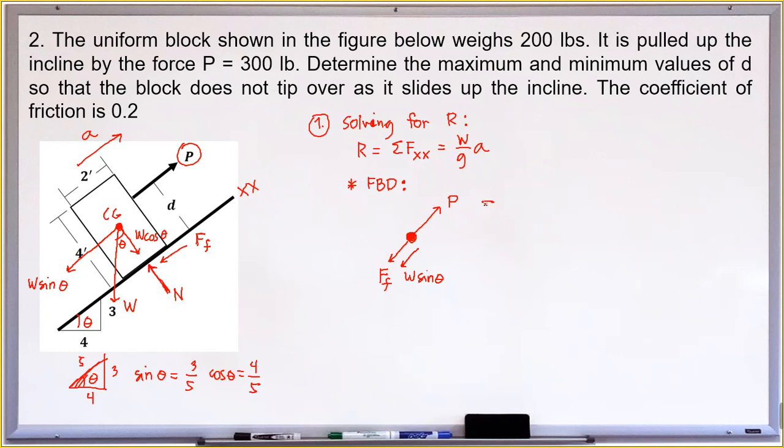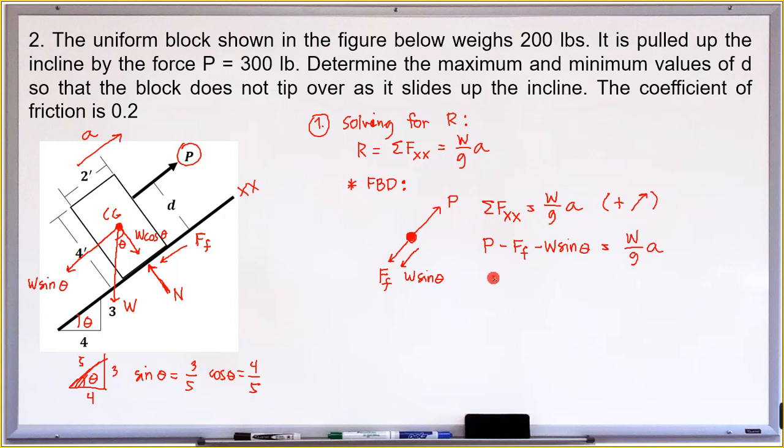So take the summation of forces along the axis XX, that is equal to again the mass times the acceleration. Okay. And then we treat positive if the force acts upward up the inclined plane. So we have P minus the frictional force minus the weight sine theta, that is equal to W over G times the acceleration.